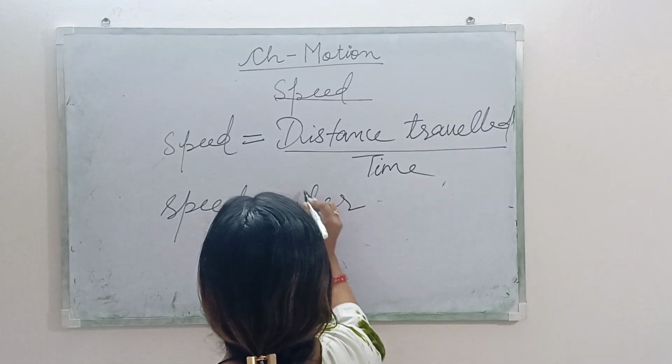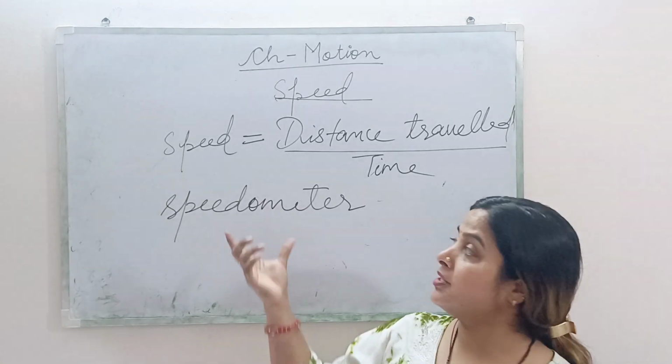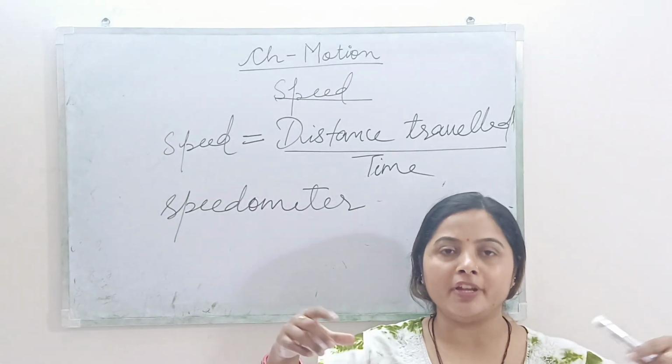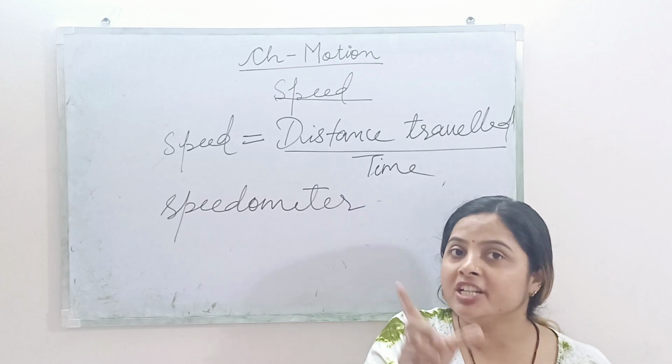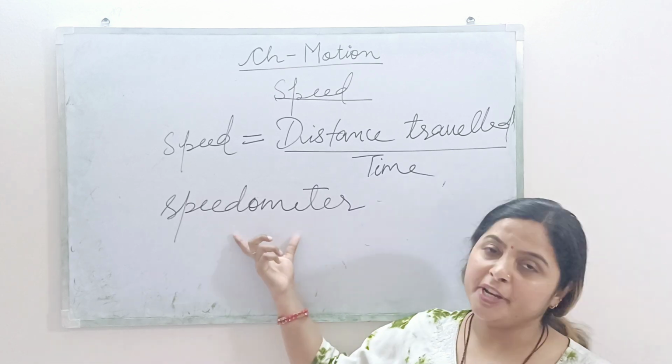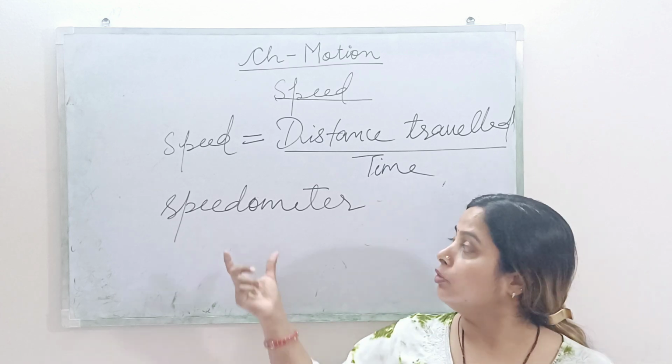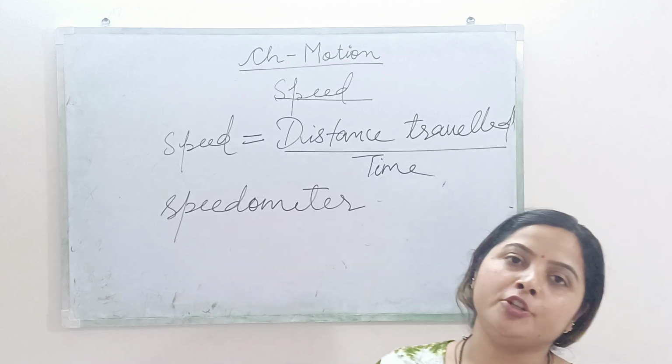What is a speedometer? It measures the instant speed of that vehicle. Suppose you are driving a vehicle. So who tells the instant speed at that moment? Speedometer. There is an instrument which tells the instant speed of your vehicle, so that instrument is known as speedometer.